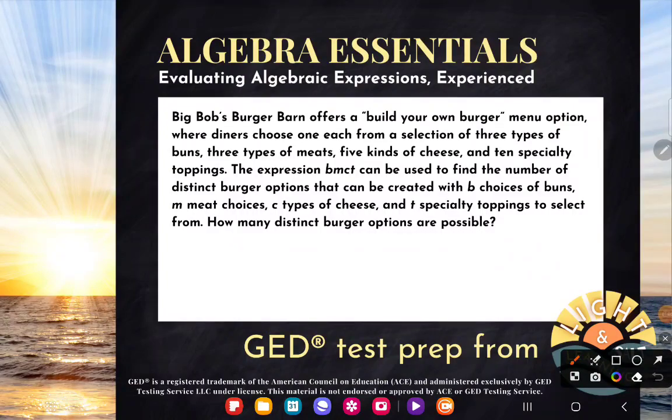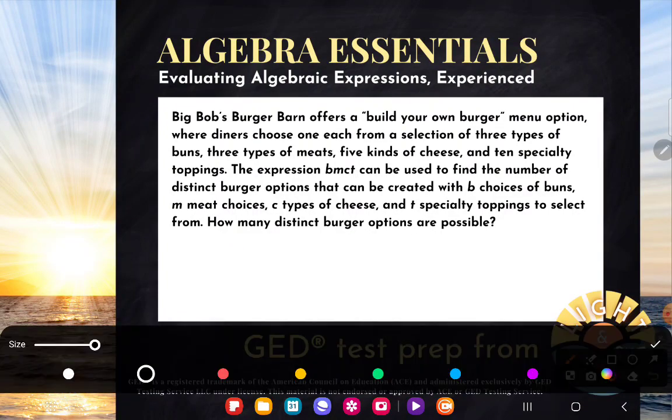Now, there are 2 ways to tackle this problem. Either you already know how to find how many distinct burger options are possible, or you've got the mathematical skills to try to figure it out. There's lots of different ways that you could do it. Or you can notice here that in the language of algebra, I've given you a cheat sheet.